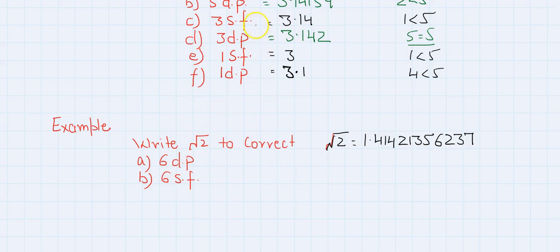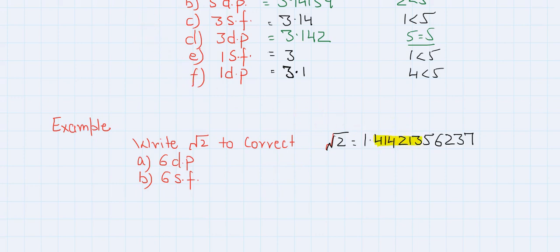Now first talk about 6 decimal places. Decimal places start after the decimal, so this is 1, 2, 3, 4, 5, 6. These are the 6 decimal places.